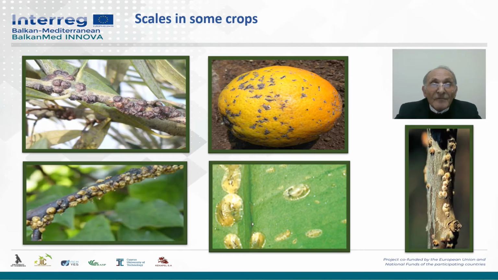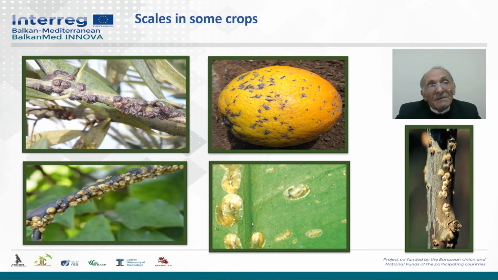Some pictures from scales in some crops. We see in the beginning the black scale in olive trees, Saissetia oleae. See the scales on the citrus, in the peach, in the plum. Almost all the crops, especially the fruit trees, have many species of the scale.